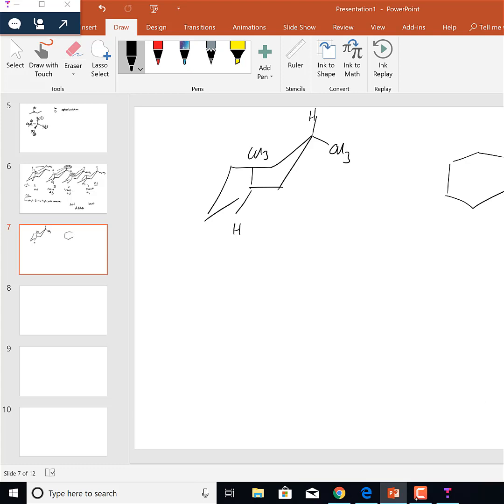The first thing we have to do is figure out a numbering scheme, which I would say goes there. If you go clockwise in this case around the ring, it doesn't really matter where the 1 starts.